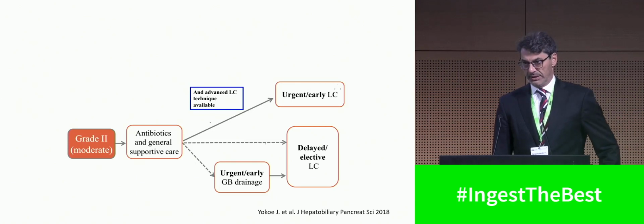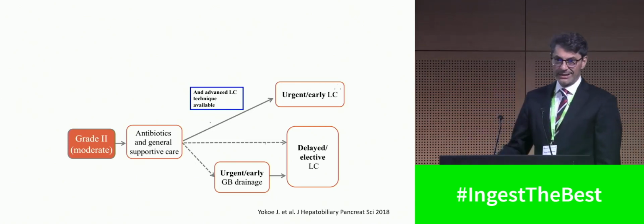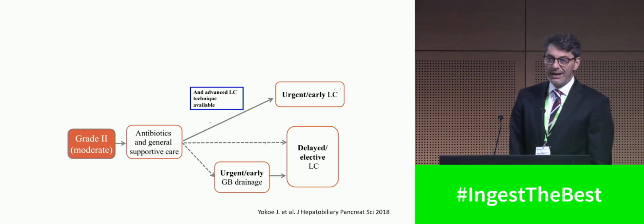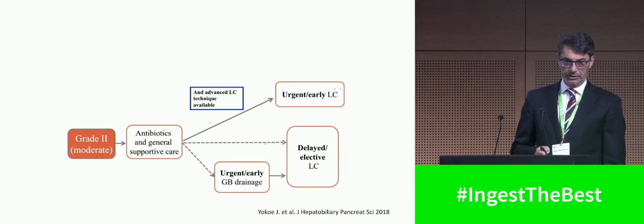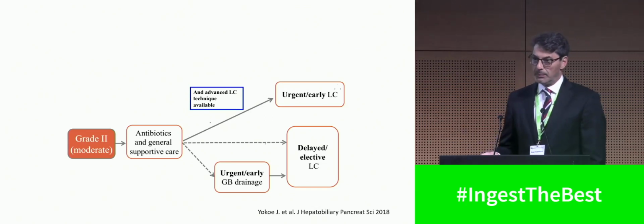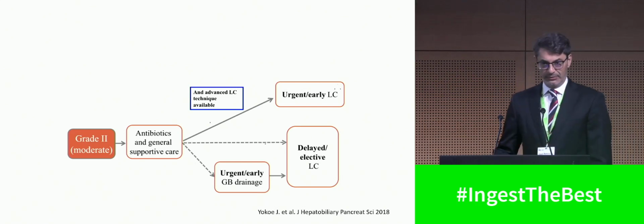Therefore, it's very important to have high-skilled, high-volume centers, which make this distinct difference, especially in surgery. And it's not just in complications; the difference in mortality is extremely different.